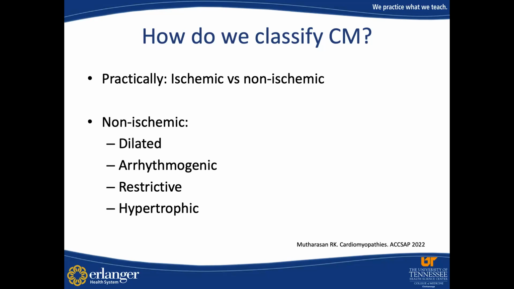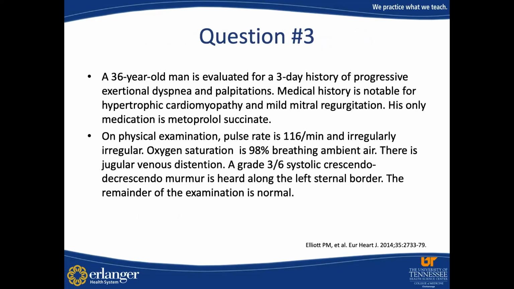All right, so we'll start with a question. Some of y'all were here, I think we did this question, but we'll do it again. This is straight from MKSAP. You've got a 36-year-old male being evaluated for a 3-day history of progressive exertional dyspnea and palpitations. His medical history is notable for diagnosed hypertrophic cardiomyopathy and mild MR. He's only on metoprolol.